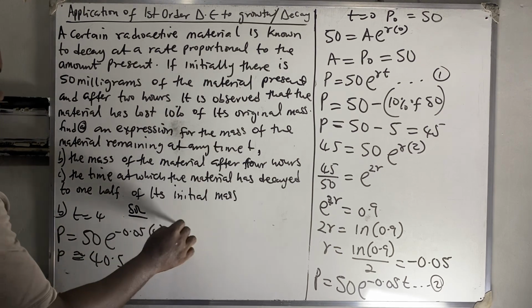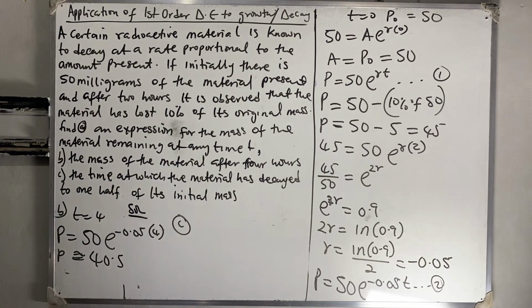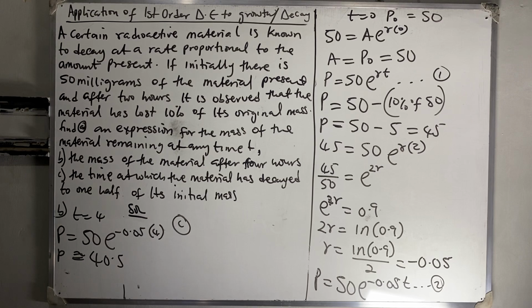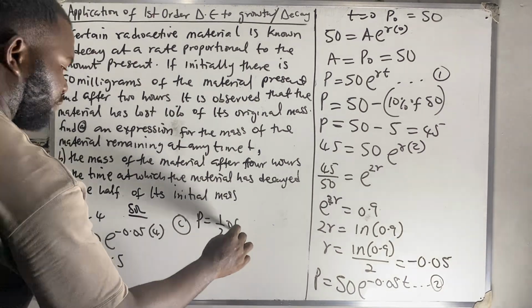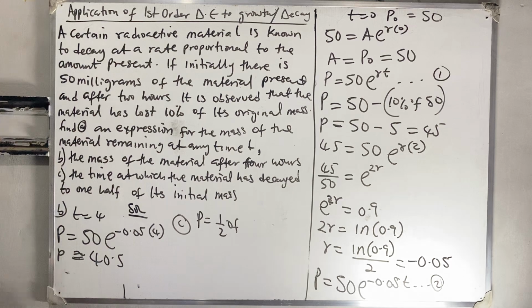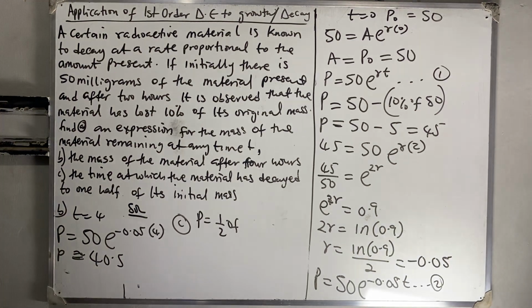Okay, now question number C says we should calculate the time at which the material has decayed to 1/2 of its initial mass. So the current mass here is equal to half of the initial mass. What is the initial mass there? 50.